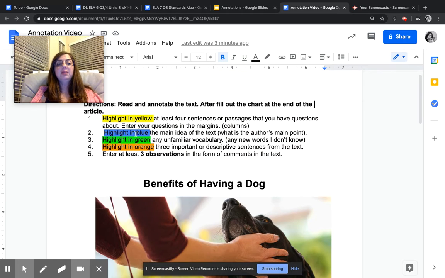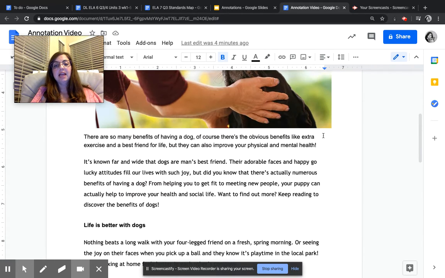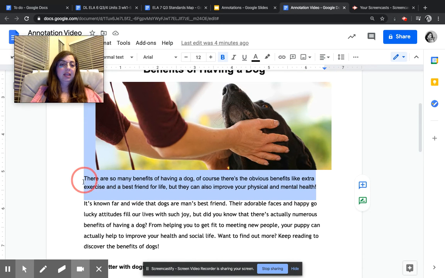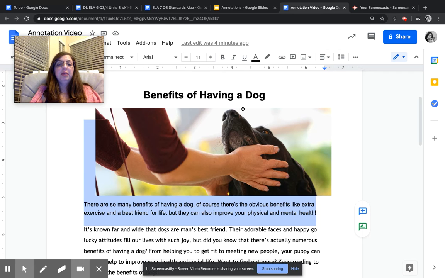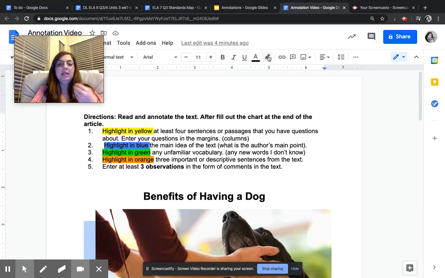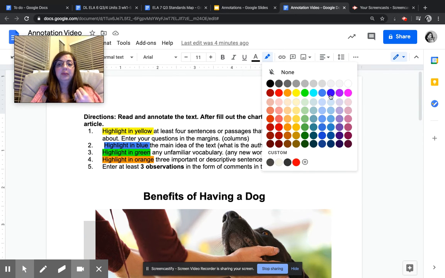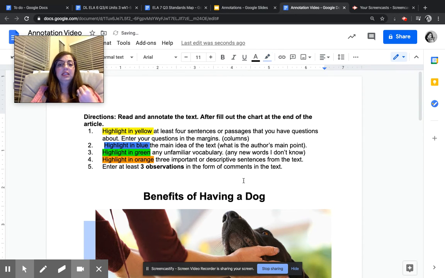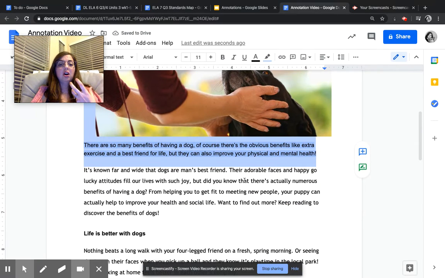So looking back up at the annotations, I don't really have any questions, but I do think that this is the main idea because the author, based off the title and based off the first paragraph and this first sentence, to me, it's clear that the author wants me to know that dogs bring benefits to people's lives.